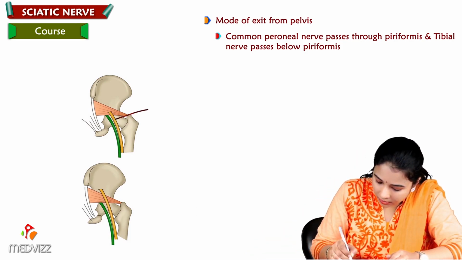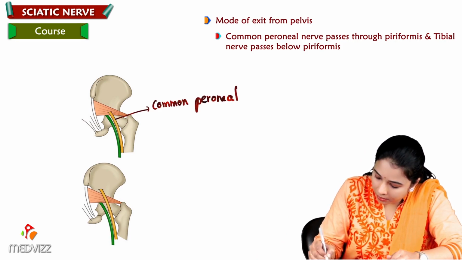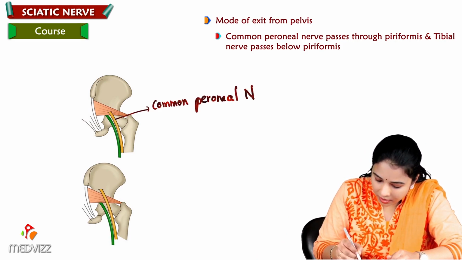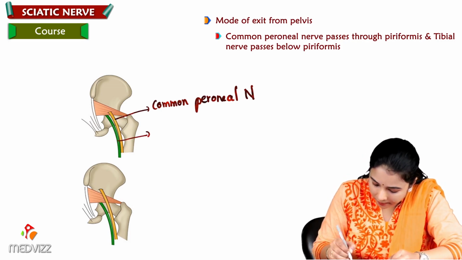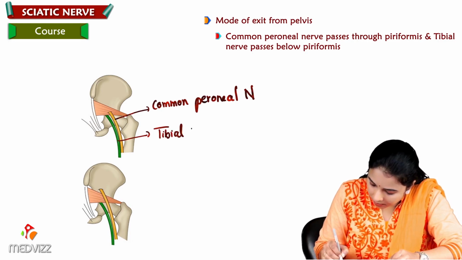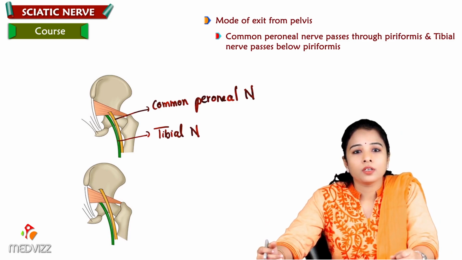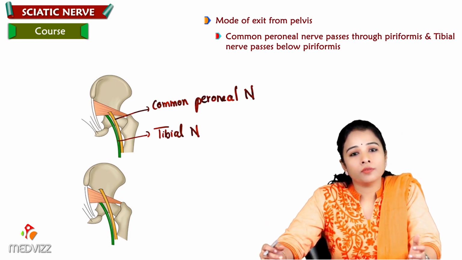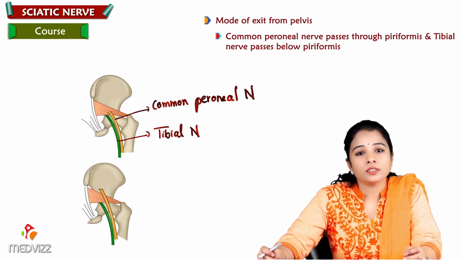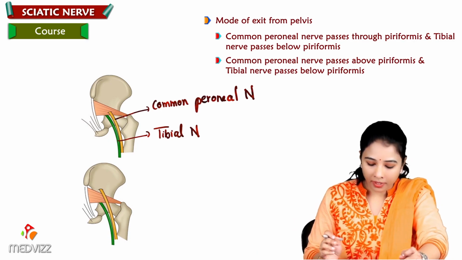So here is the common peroneal nerve. You can see it is piercing through the piriformis, whereas the green one is the tibial nerve, which is underneath the piriformis. That is how they exit if they get split within the pelvis. And sometimes the common peroneal nerve, we can see it is above the piriformis.